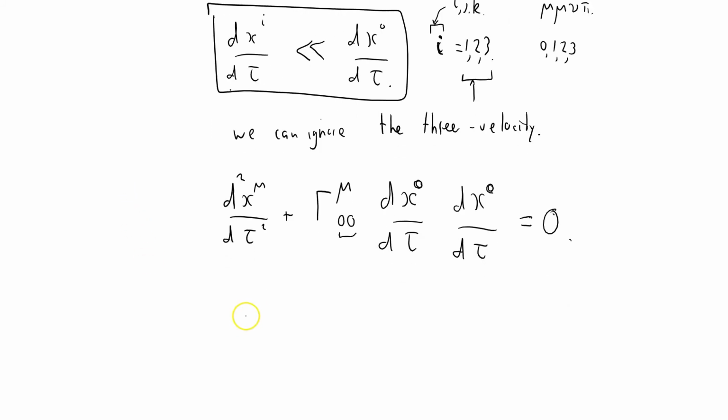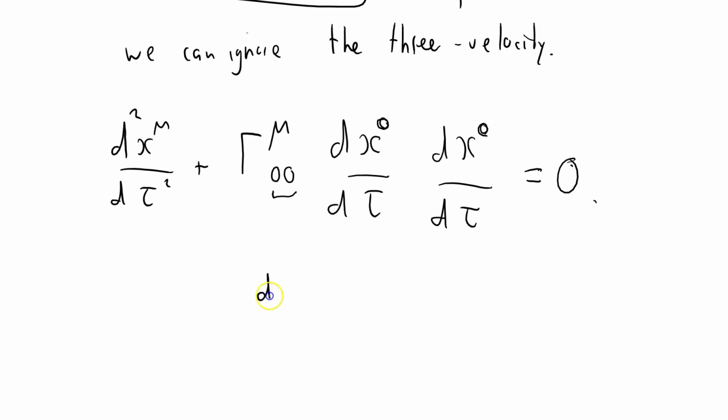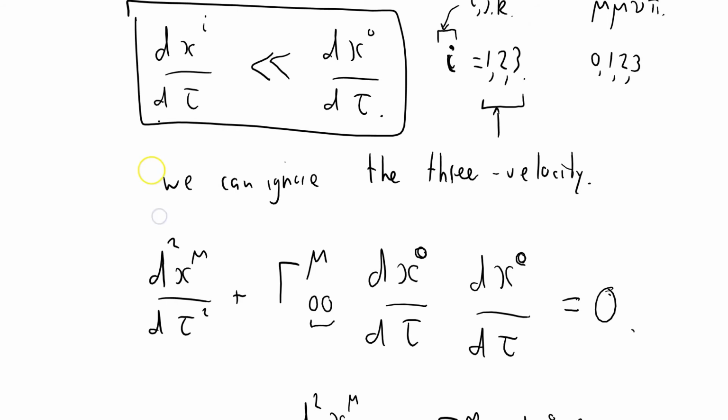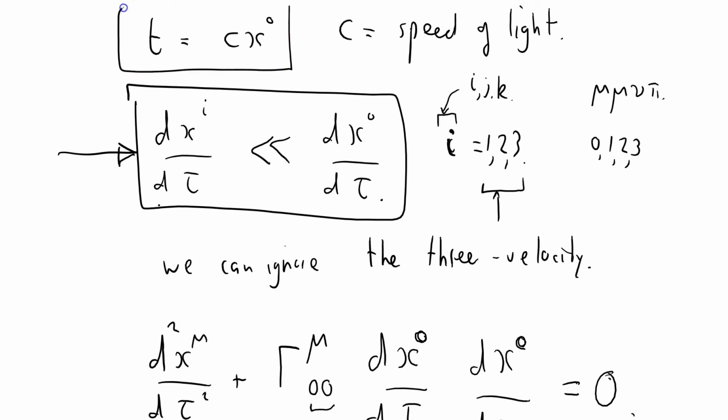Okay, so that tells me d²x^μ/dτ² plus Christoffel symbol Γ^μ_{00} times (dx⁰/dτ)² equals 0. And I've defined, in order to make this equation make sense, this to be the case.